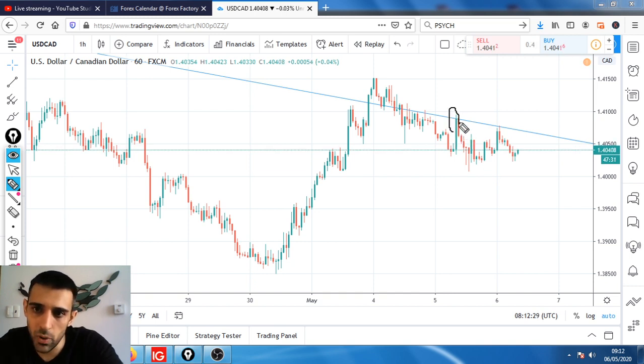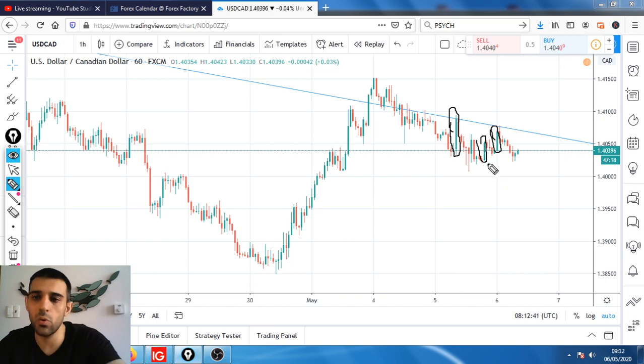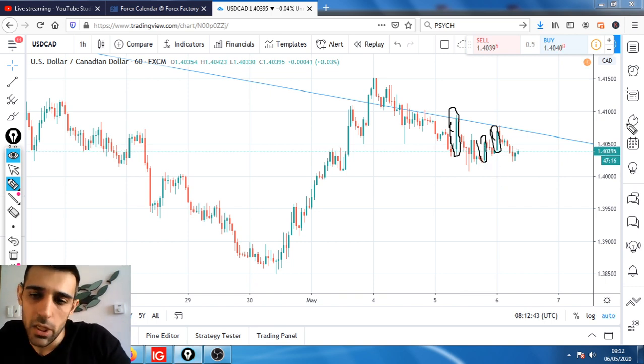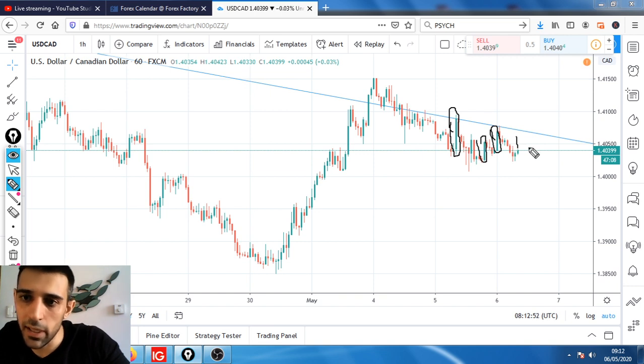This one is a very good example of a strong bullish candle. This bullish candle in here looks very strong. This one is also good, as well as this one, they are strong bullish candles. So I do want to see the price coming up and closing something like these candles, which I just circled. Not very good, but you get the point.